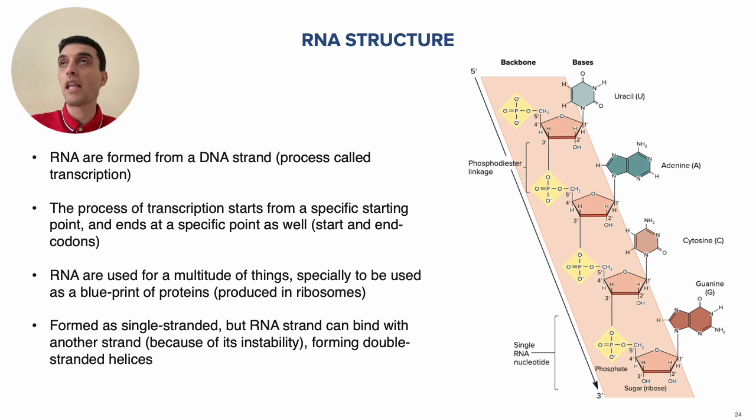RNAs are inherently stable, and this is important to make it easier to go to ribosomes and produce proteins, or to be folded into other components that have functions, like RNA that can transport substances, or RNA that can regulate parts of the DNA microcosm.